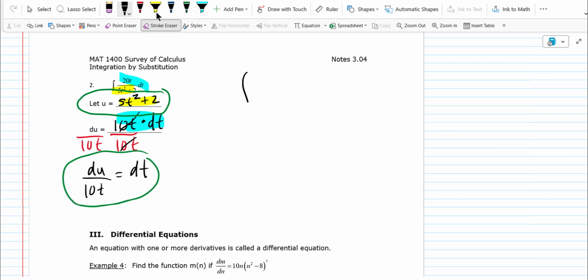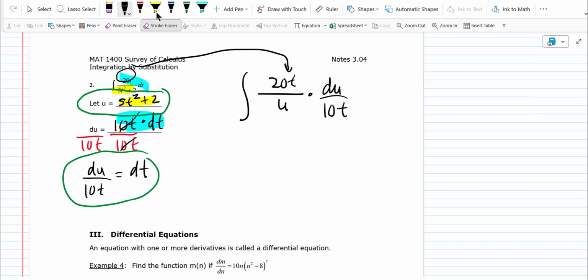So in this problem, replace 5t squared plus 2 with u, replace dt with du over 10t, but don't forget about the 20t. That's what's going to work its way out of the problem. Okay, so if you get that substitution on your paper and get to a point where you can do that effectively, then you got it made. That's what most of you were having trouble with, getting everything substituted in.